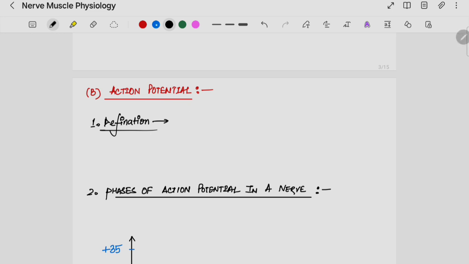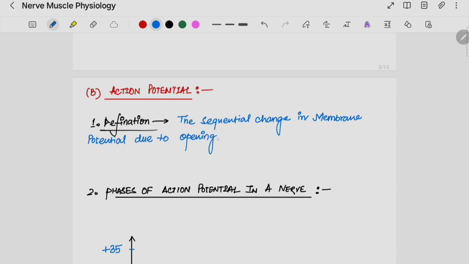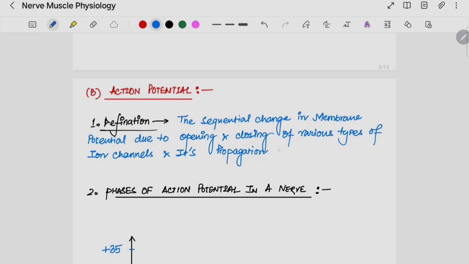Then the definition is: the sequential change in membrane potential due to opening and closing of various types of ion channels and its propagation along the excitable tissue is known as action potential.